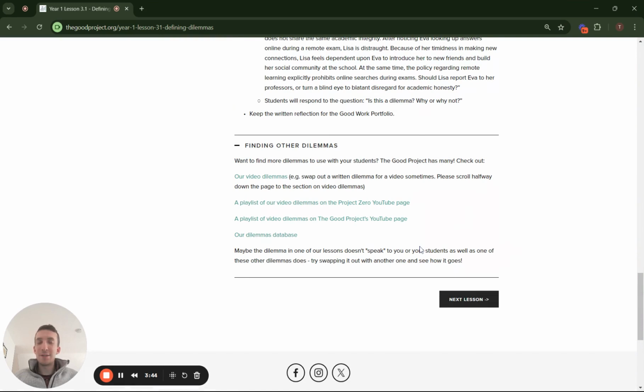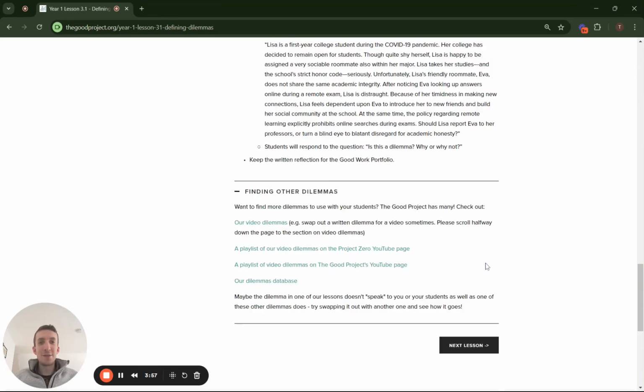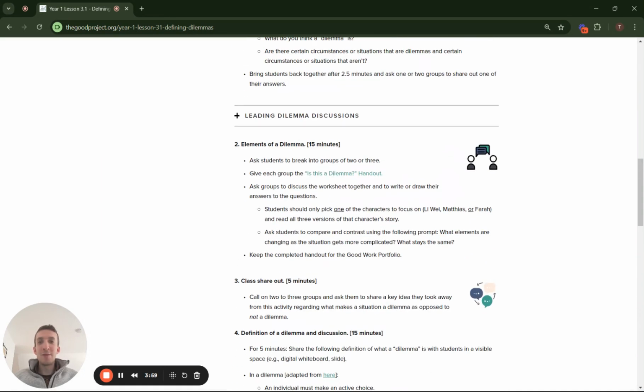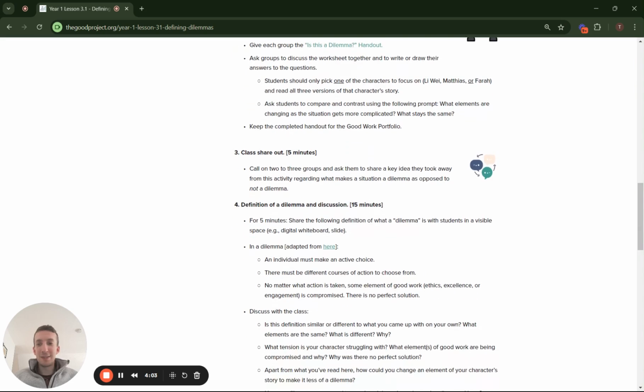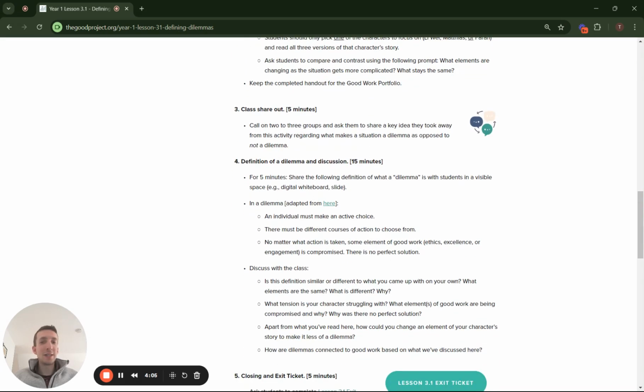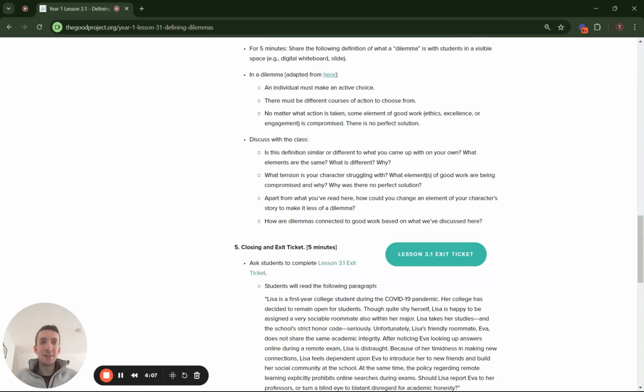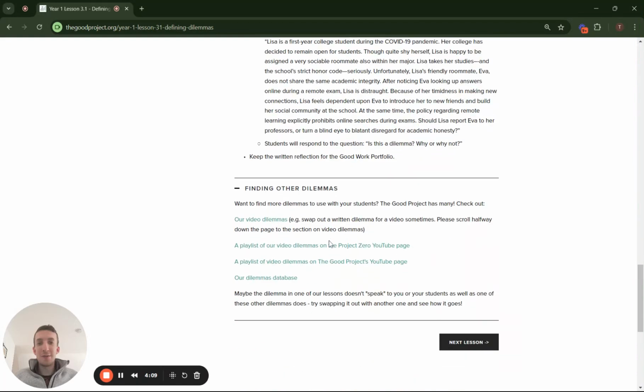A big thing about dilemmas that the Good Project likes to encourage educators to do is to adapt the dilemmas that you're talking about to what might be locally relevant to you and your students. So if you're looking for other dilemmas, if, for example, maybe this Is This a Dilemma handout is not really that interesting to you, or you think it's not really going to hit very well with your students, you could borrow a dilemma from the news.